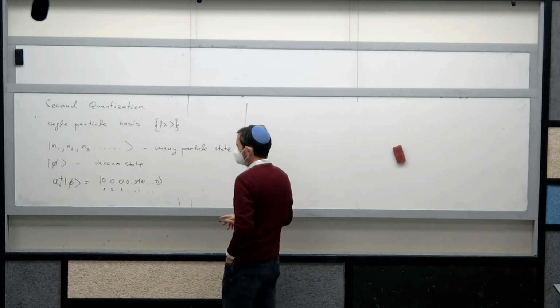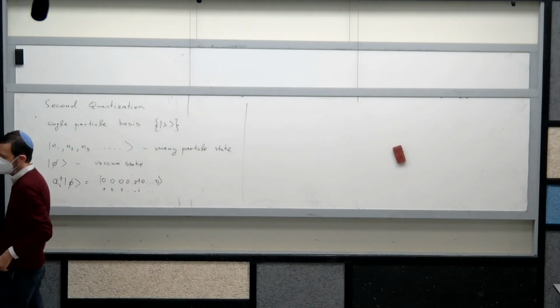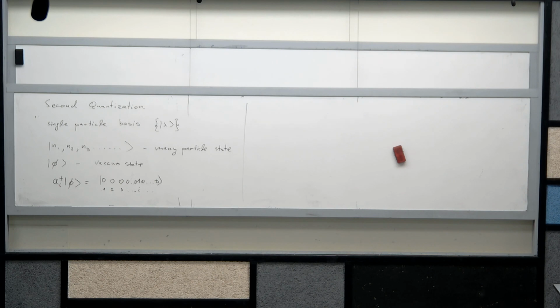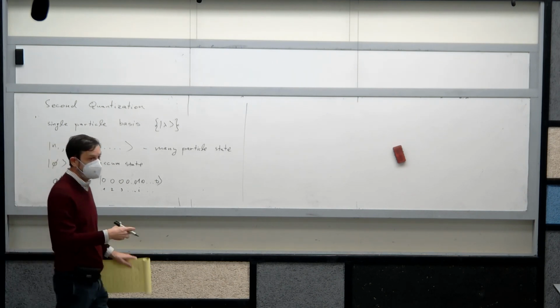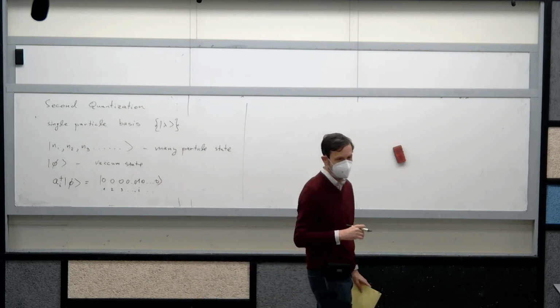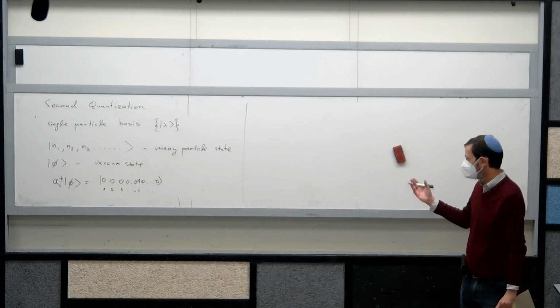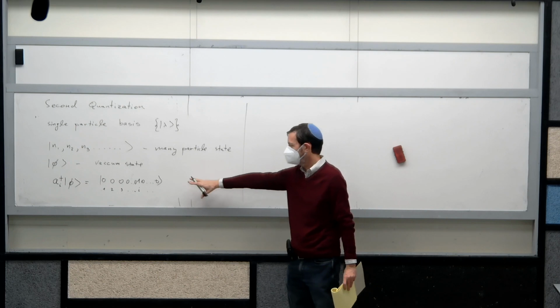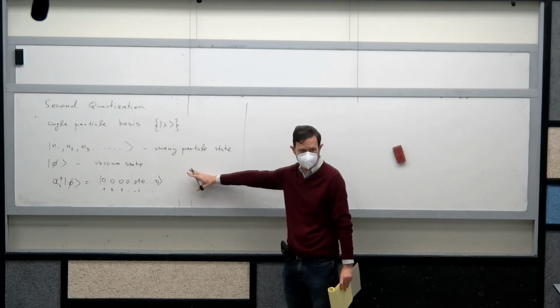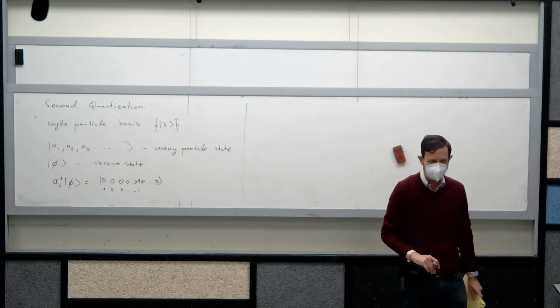Okay. What happens if I operate on an existing state that has already electrons in it? Until here, we described in the previous lecture, now new material.